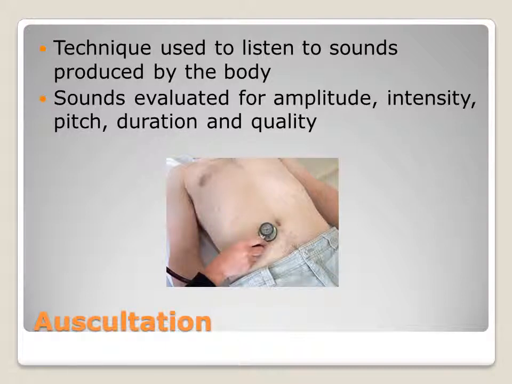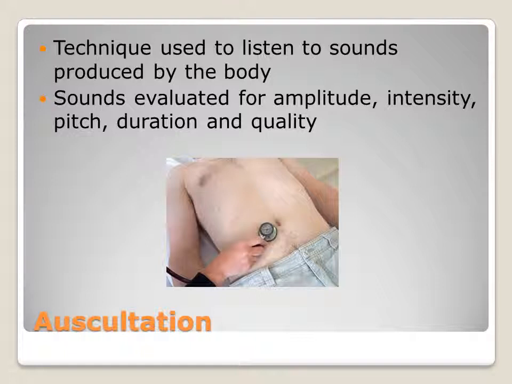With auscultation, again, you have to make certain that you eliminate extraneous noises so you can hear exactly what's going on. The stethoscope diaphragm, the large part of the stethoscope, is used to listen to high-pitched sounds.